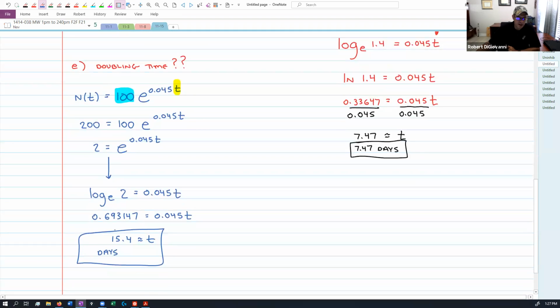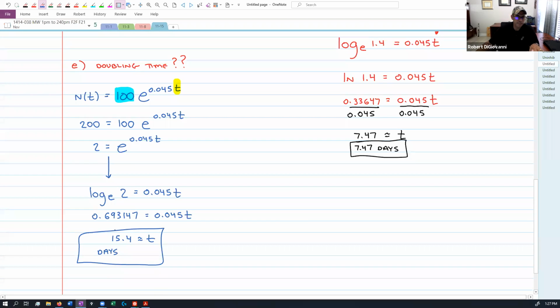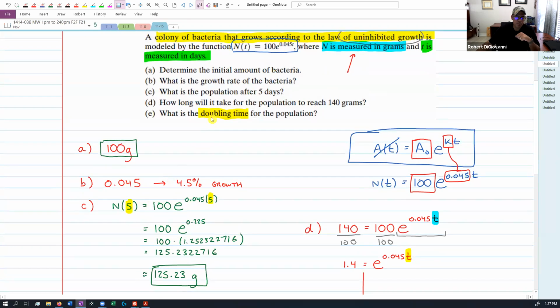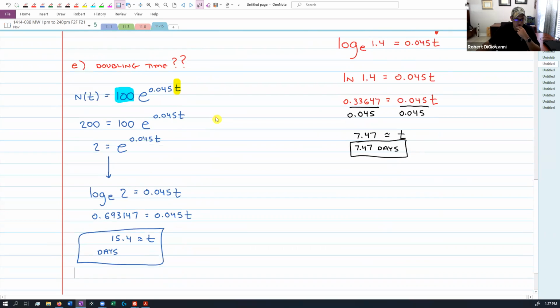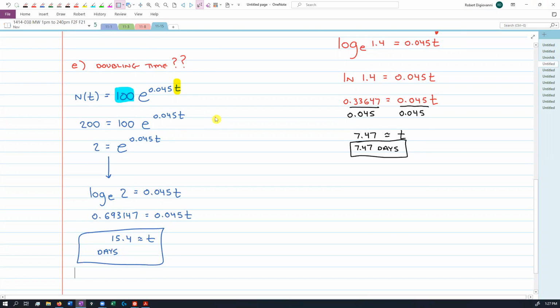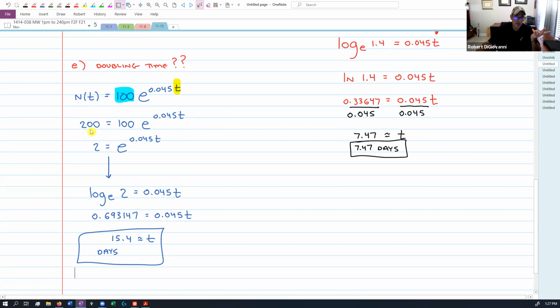Any questions there? What if they had asked us to find the tripling time, the time it takes to triple? How would we change the problem? We'd just change the left side to 300, right?